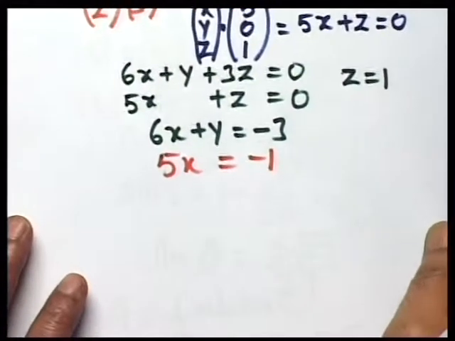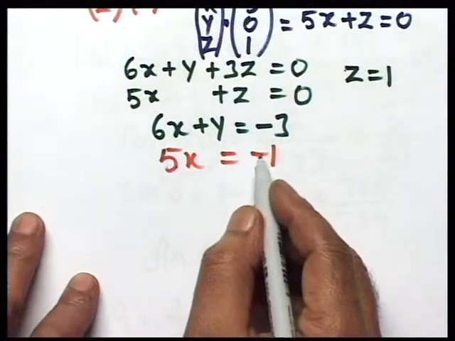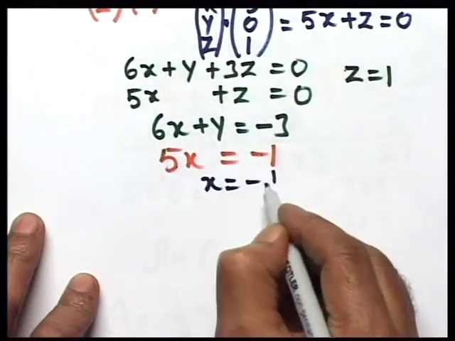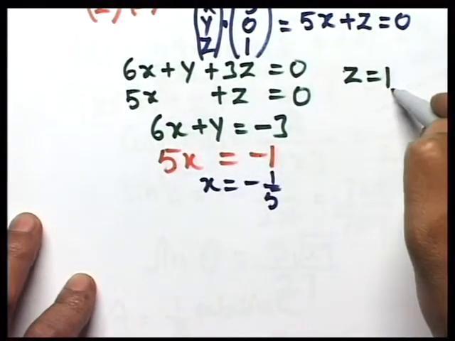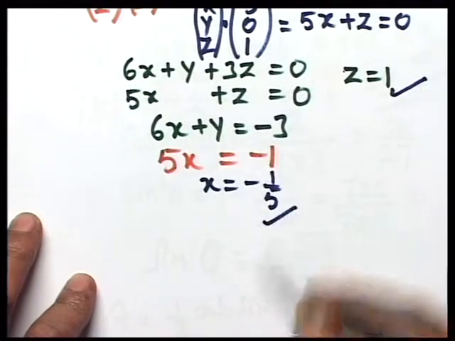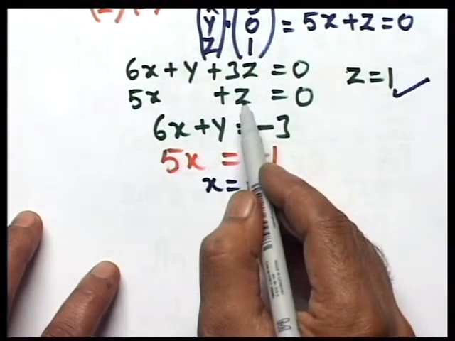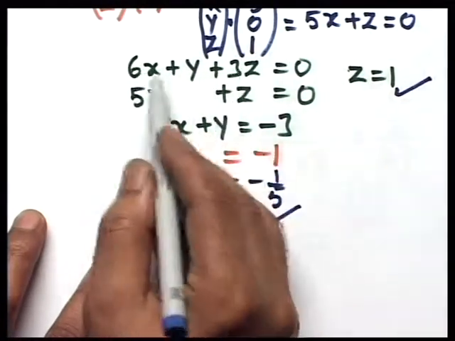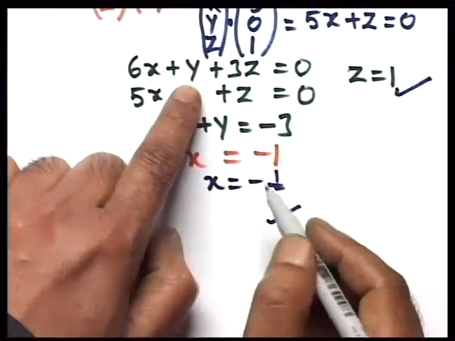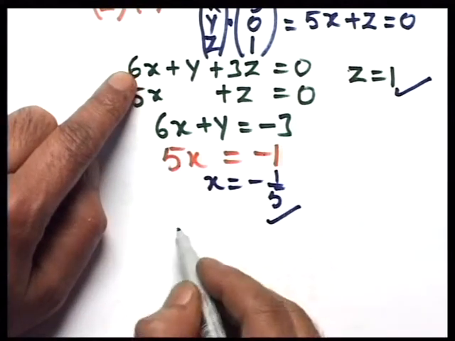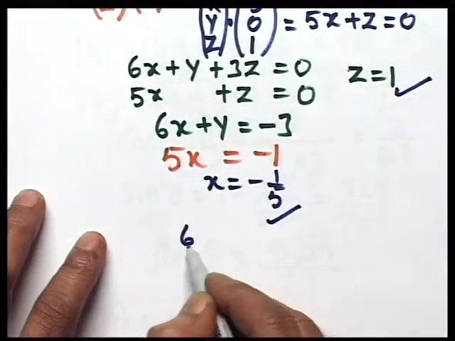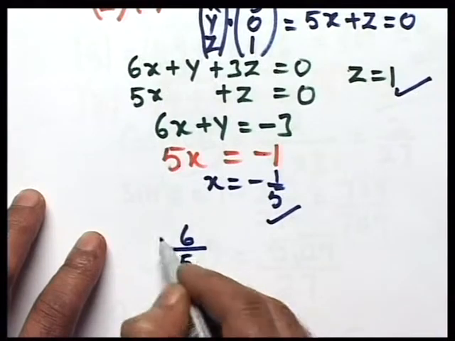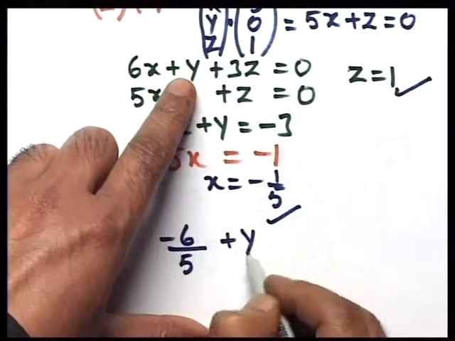Once 5x is minus 1, x equals minus a fifth. So z equals 1 and x is minus a fifth, and we can find y. Let's find y now. That's going to be minus 6 over 5 plus y.